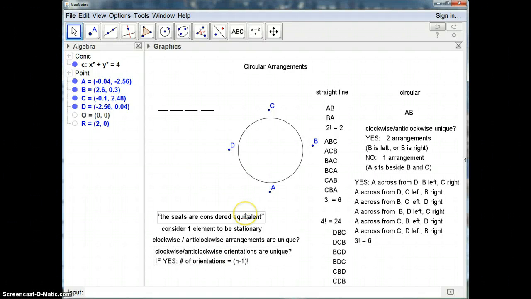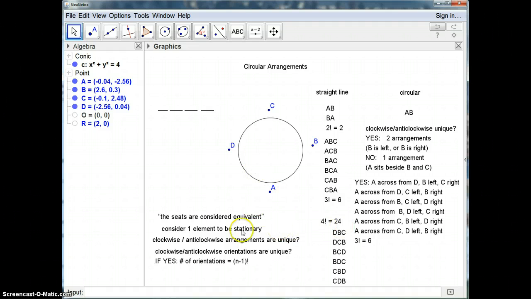So basically with a circle question, you need to ask 2 questions. You need to say, are the seats considered to be equivalent? If the seats are not considered to be equivalent, then it's just like organizing people in a line. You just take the number of seats and do that many factorial. Usually, though, the seats are considered equivalent, so it's more a question of who people are sitting beside rather than what particular seat at the table they've taken.